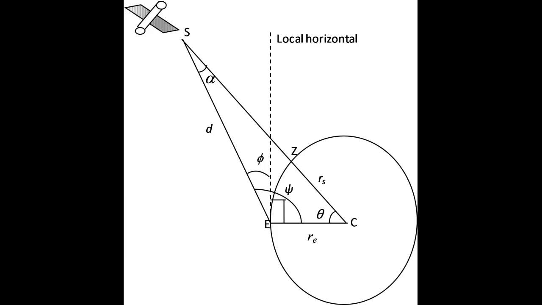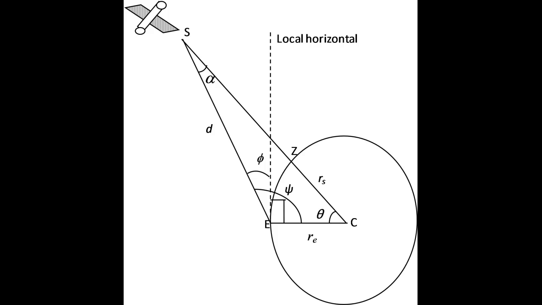Now, for simplicity, let's just say the ground station is at sea level, and we use RE, or radius of the Earth, equal to 6,378 kilometers. If it weren't, we would simply add the altitude of the ground station above sea level to the radius of the Earth, just as we did with the satellite altitude.